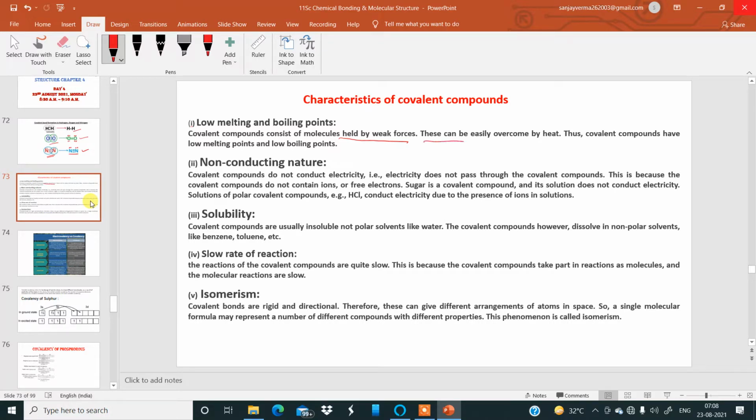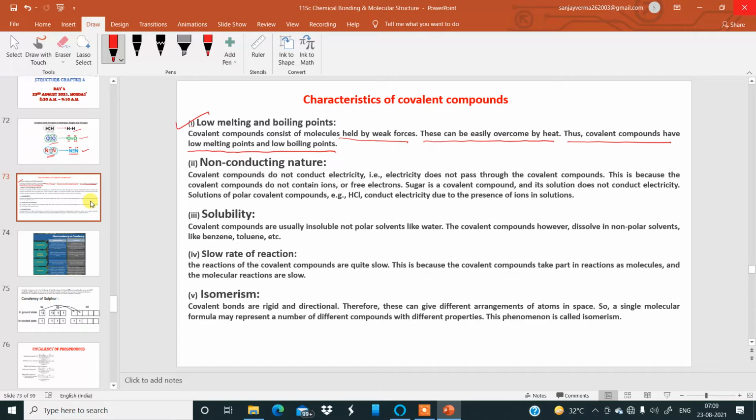These can be easily overcome by heat. These forces can be easily broken down by heat. Thus covalent compounds have low melting and low boiling points. What is the main reason? Because they are held by weak forces, and those weak forces are called van der Waals forces.